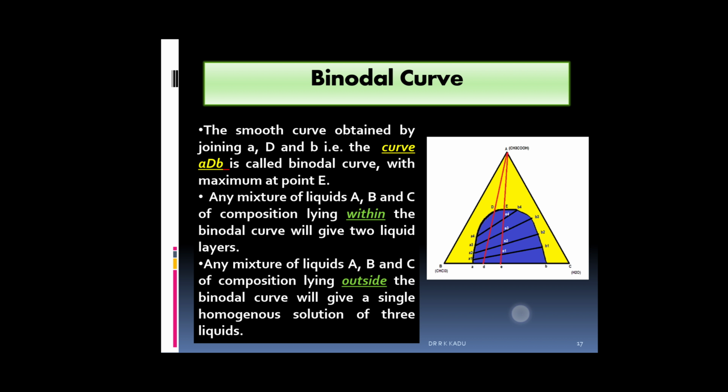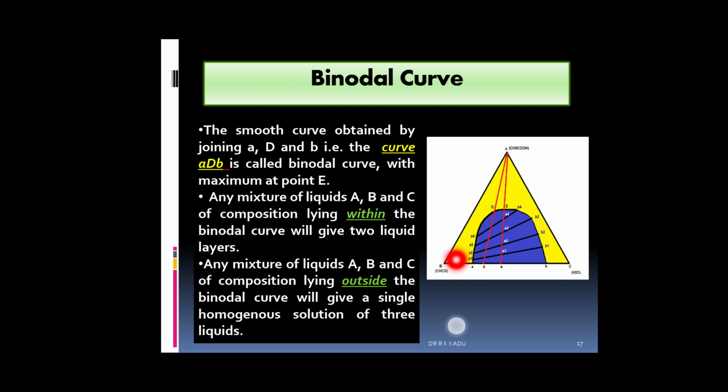Any mixture of liquids A, B and C of composition lying outside the binodal curve will give a single homogeneous solution of three liquids. In this phase diagram, the outside portion of the binodal curve is indicated by the yellow color.